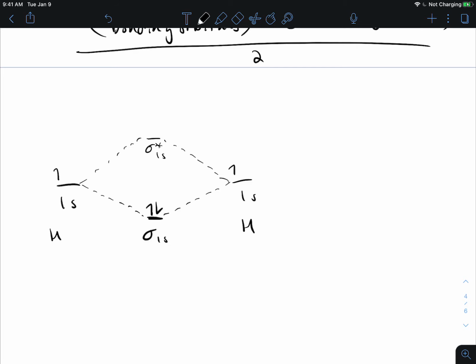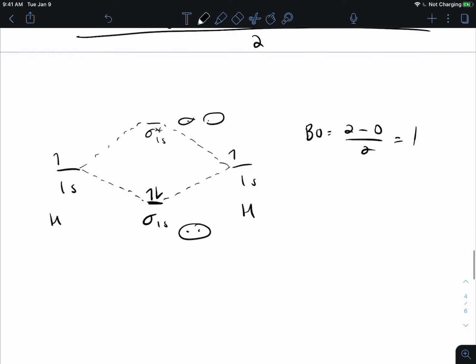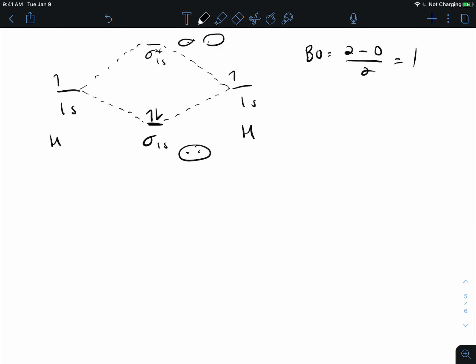And we'll have both of our electrons in the bonding orbital, none in the anti-bonding orbital, because we only have two electrons that are both going to go into the lower energy orbital. When we solve for our bond order here, this would be 2 minus 0 divided by 2, which gives us 1.